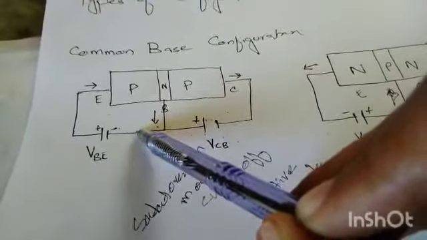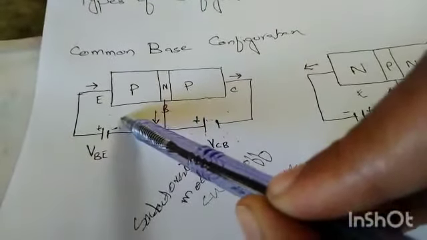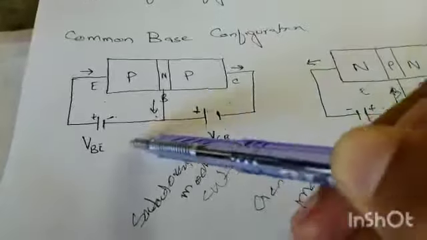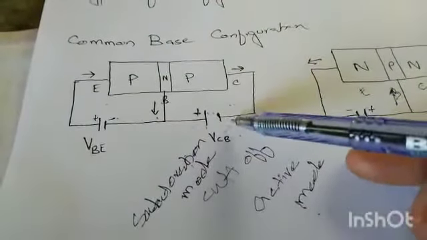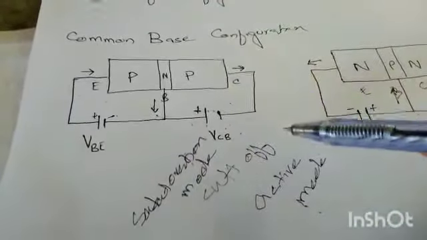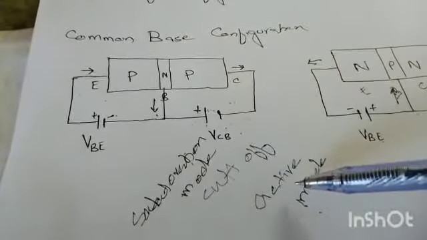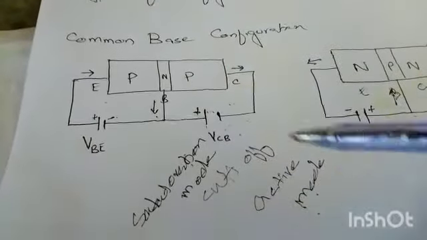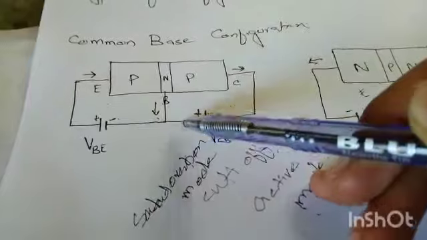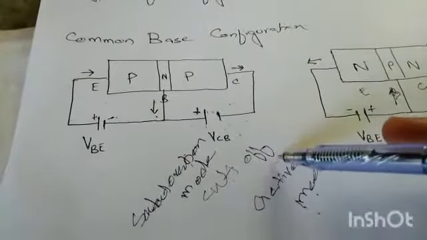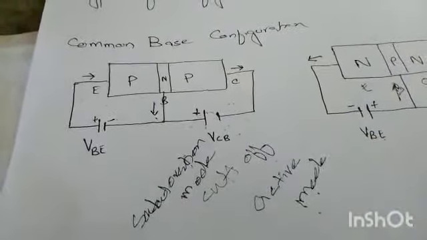When the emitter junction or input junction is forward biased and the collector junction is reverse biased, that configuration you call the active mode. And when both are reverse biased, you call it the cutoff mode of the transistor.